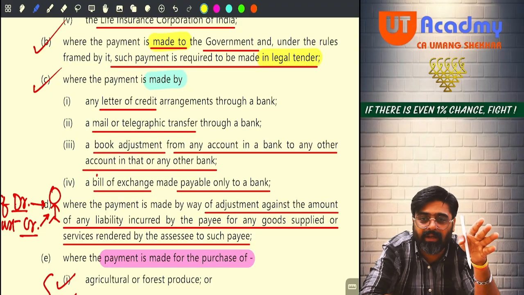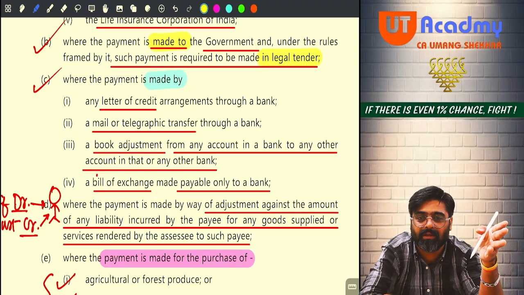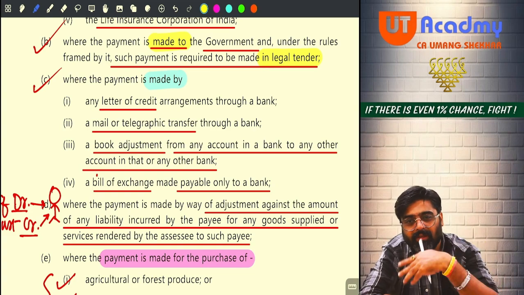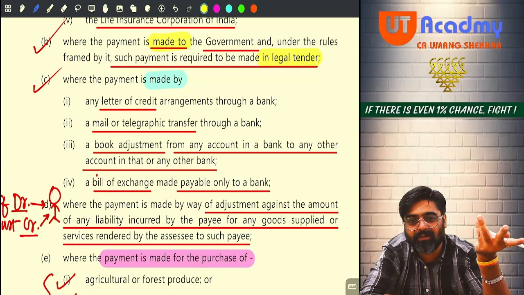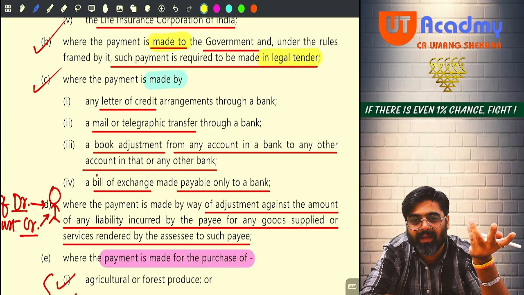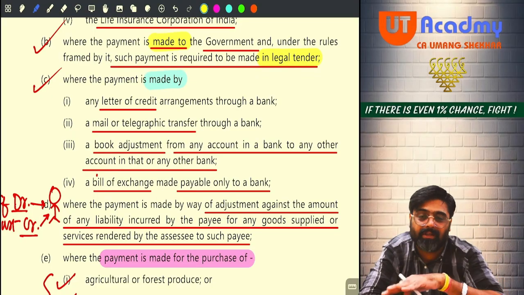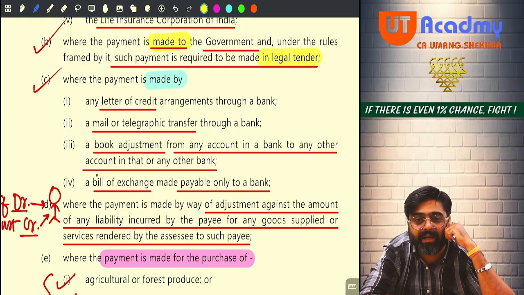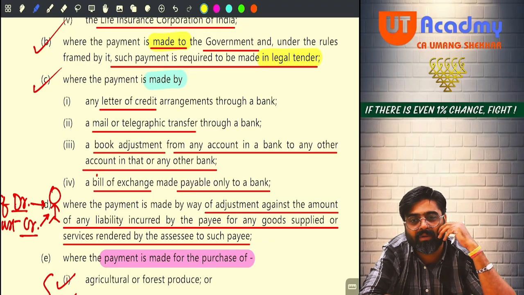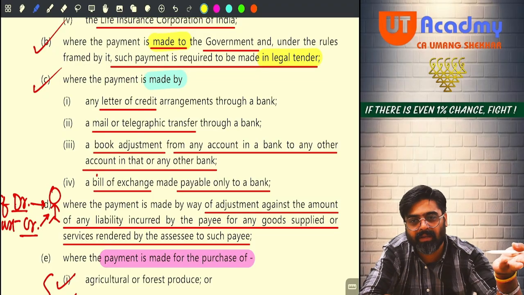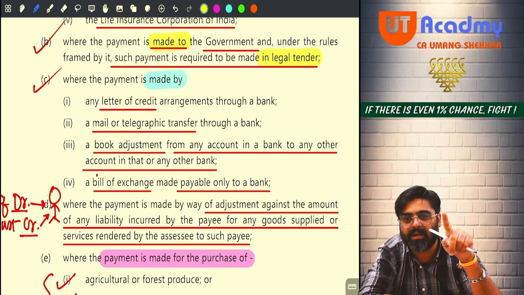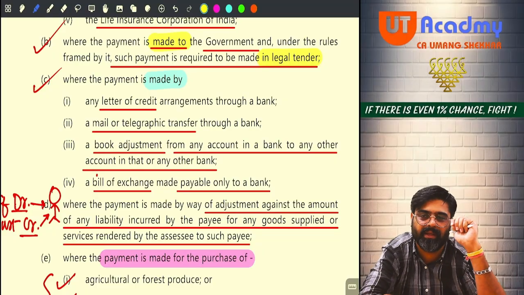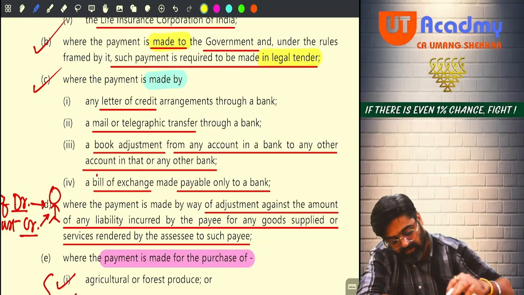And if we are only telling you to make the payment in cash, we would be knowing whether you have made that payment to us or not. So what is the point of disallowing that? And our rule says that you have to make that payment in legal tender. So make that payment in legal tender. No, we know that you have actually made the payment. We'll allow it. So this will not attract 40A(3) or 40A(3A). Yes or no, sir?